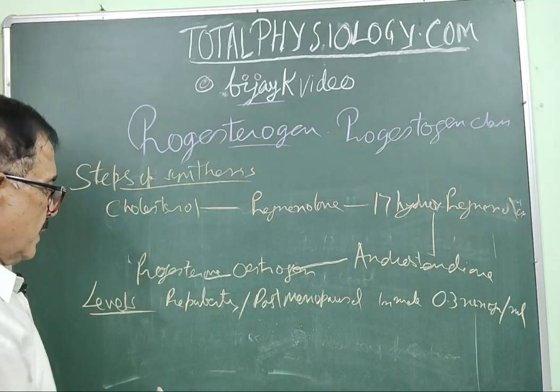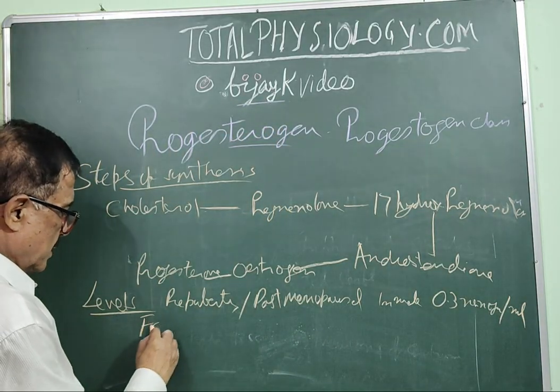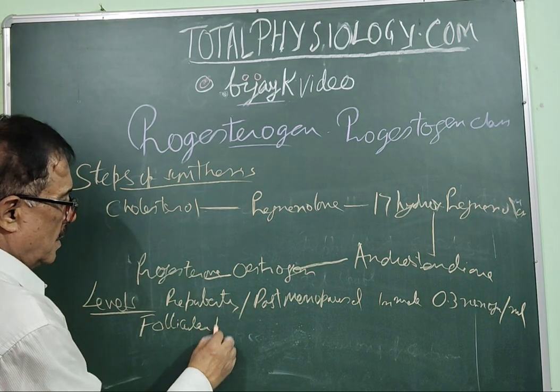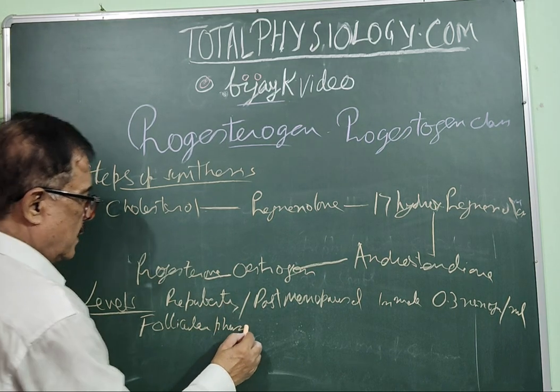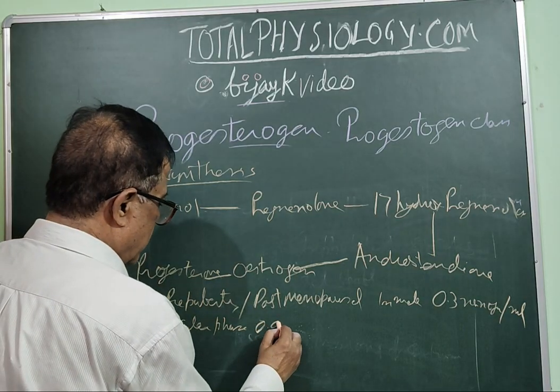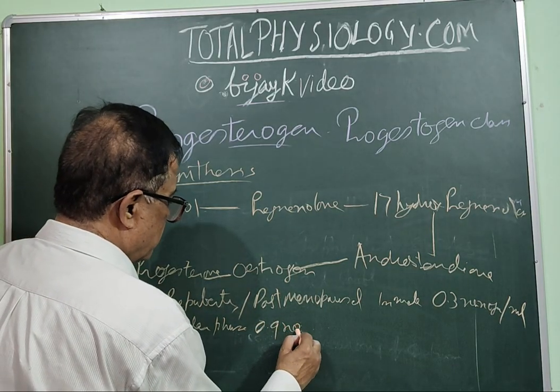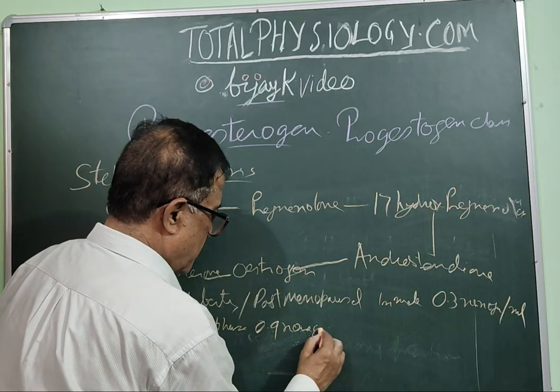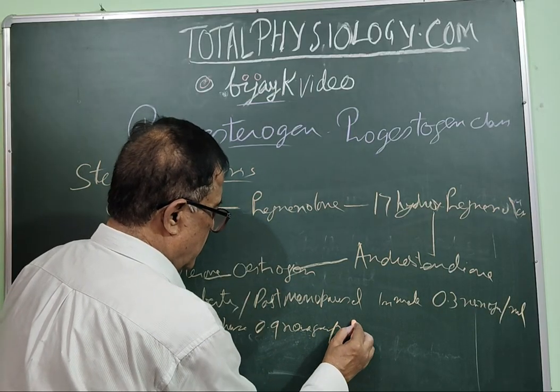In a reproductive woman, in the follicular phase, it is 0.9 nanogram per milliliter.